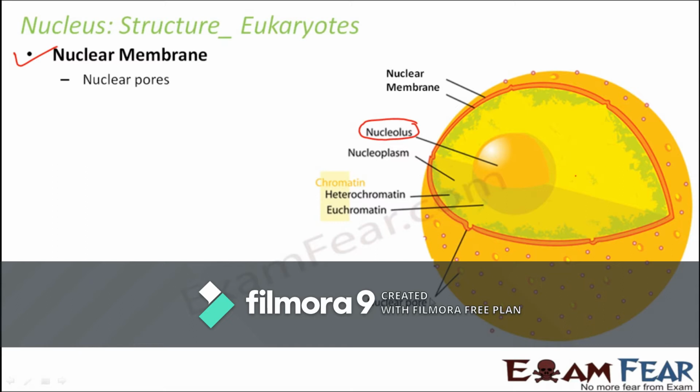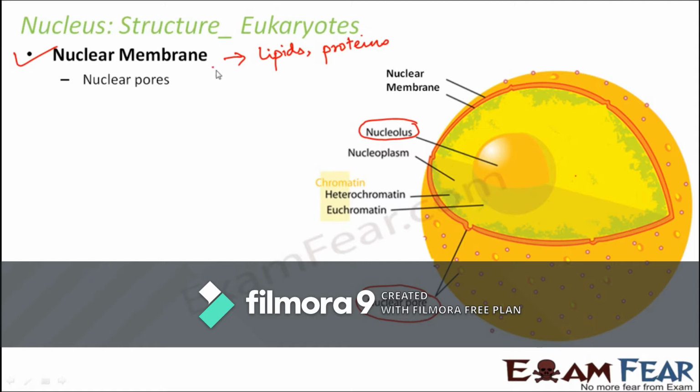Here you can see these tiny pores, and these pores are called nuclear pores. The nuclear membrane is made up of lipids and proteins. You remember the lipids and proteins also form the cell membrane. So the same things form the nuclear membrane as well.